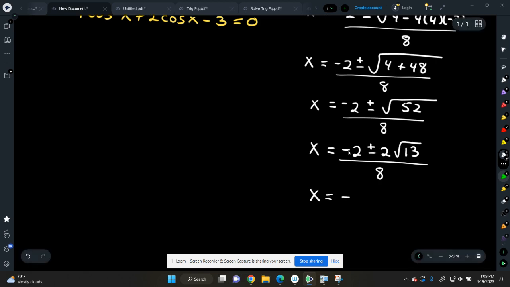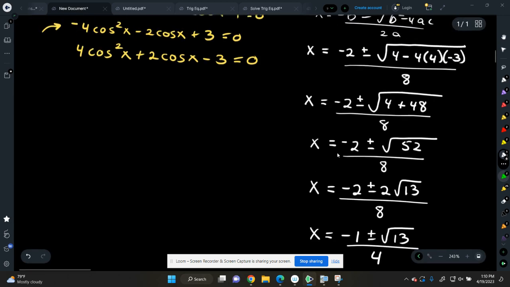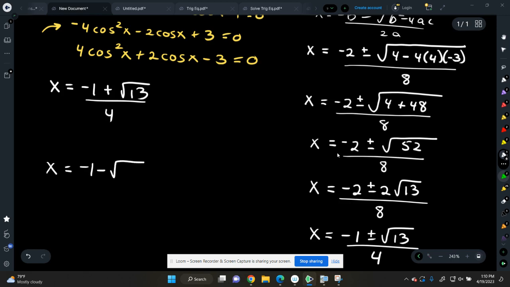X equals -1 plus or minus the square root of 13 over 4. So x equals -1 plus the square root of 13 over 4, and x equals -1 minus the square root of 13 over 4.